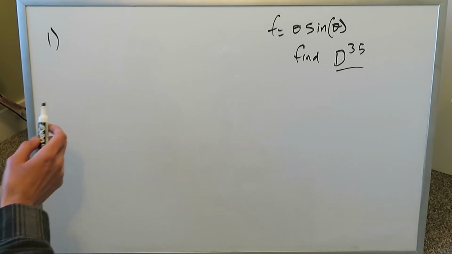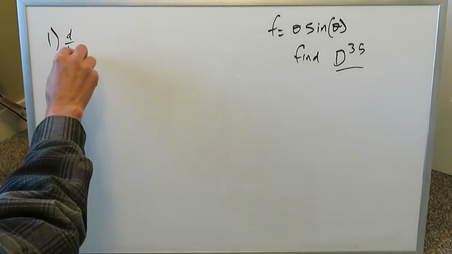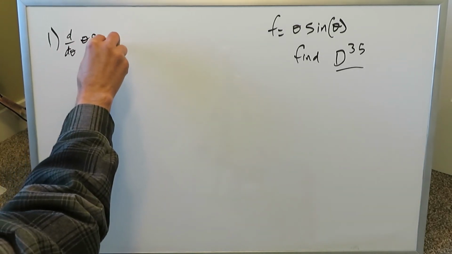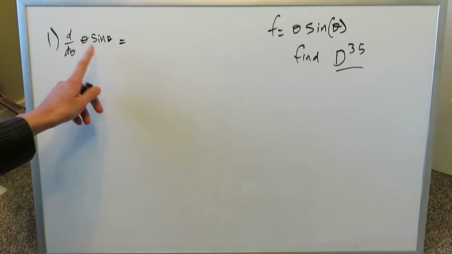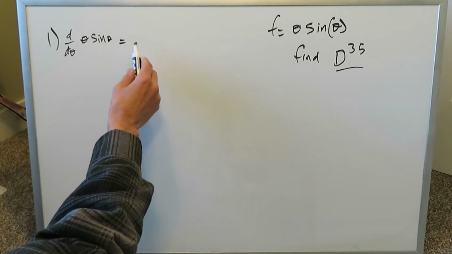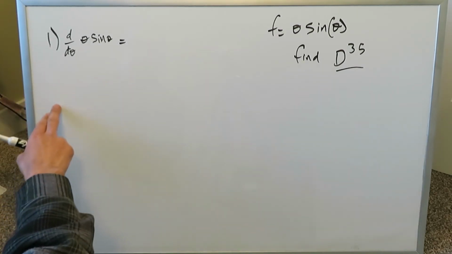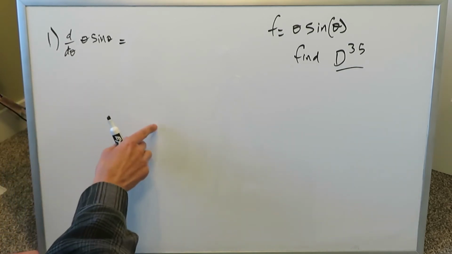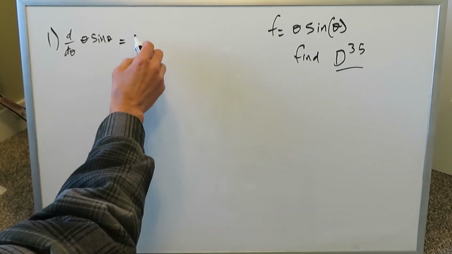When you're looking at that initial function, you're doing the derivative of that, and a product rule comes into play. The g function times the derivative of the f function plus the f function times the derivative of the g function. We'll do the product rule over here for maybe the first and second step, but after that we'll have to skip steps because of that space limitation I was talking about.